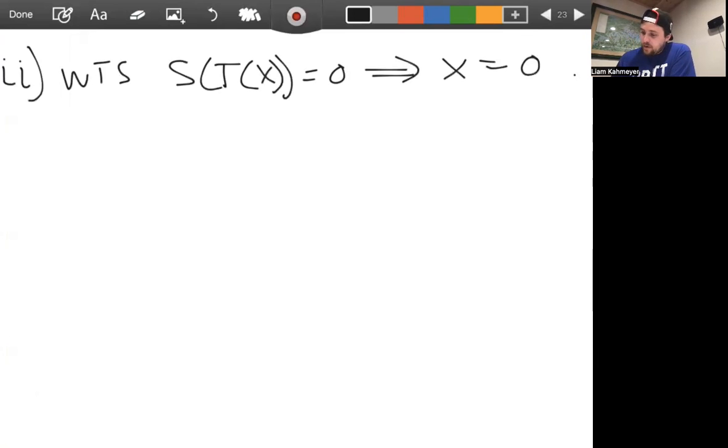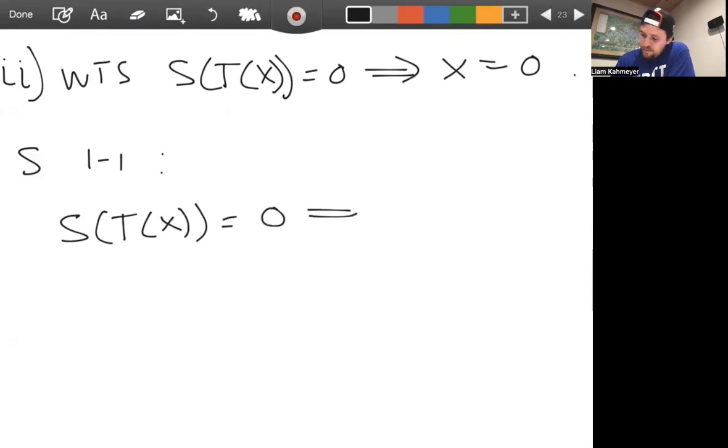Okay, well, what do we know? We know that S is one-to-one. What does that mean? That means that S of T of X equals 0 implies that T of X equals 0, right? That's exactly what it means for S to be injective.